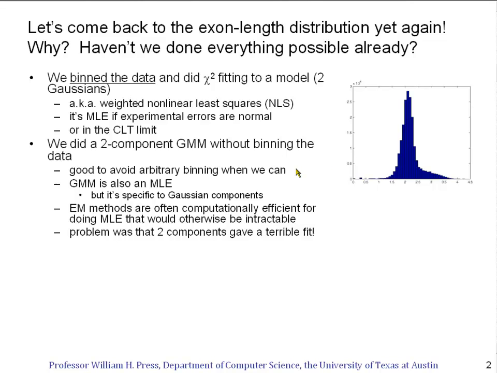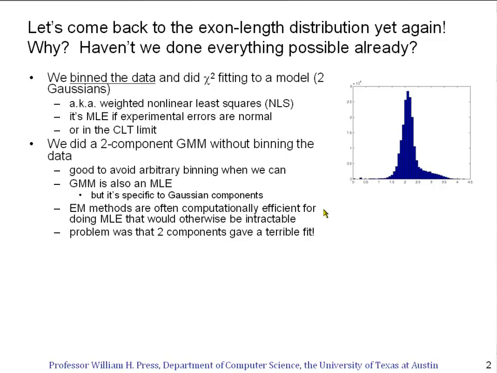We're going to see in just a second that when your data is sparse, it's quite essential to avoid this arbitrary binning. Well, Gaussian mixture models are also maximum likelihood estimates, but it's a particular model that's very specific in having Gaussian components. It doesn't allow for other shapes for these centrally peaked components out here.